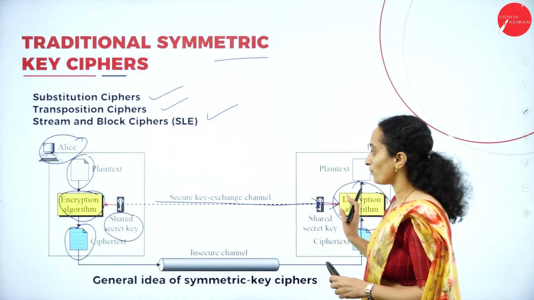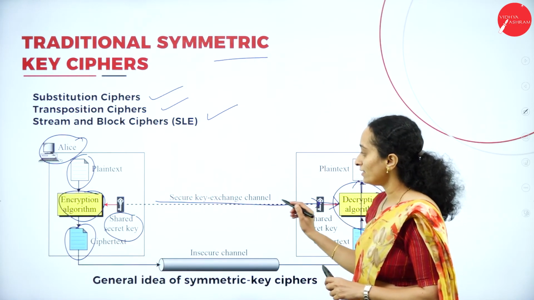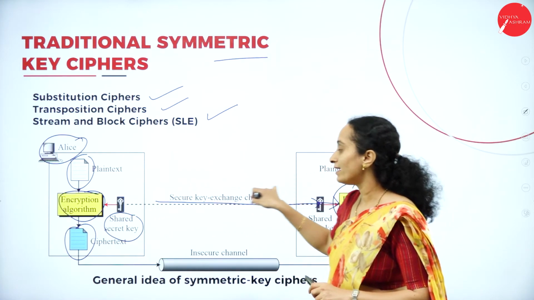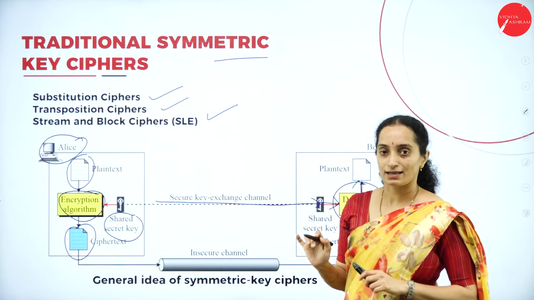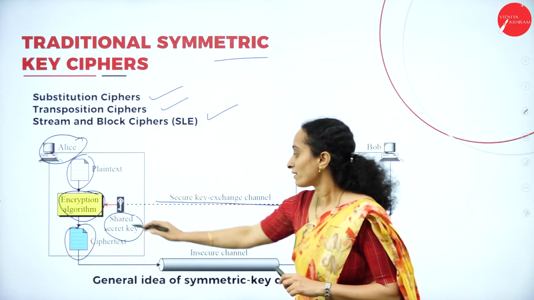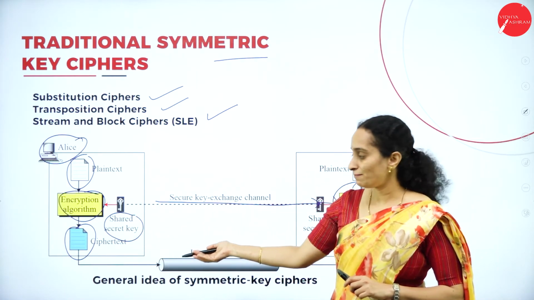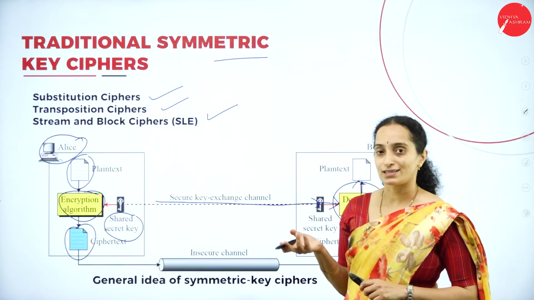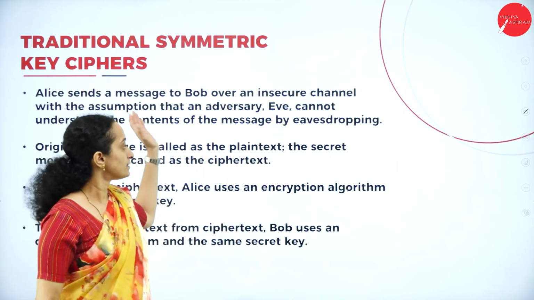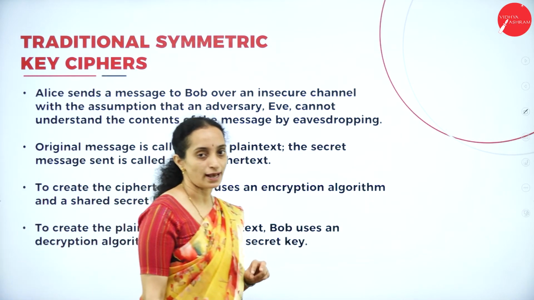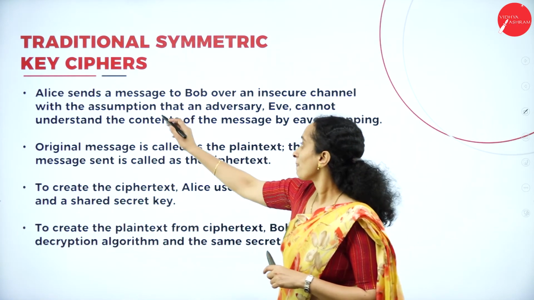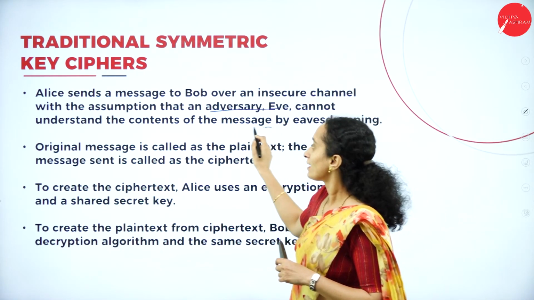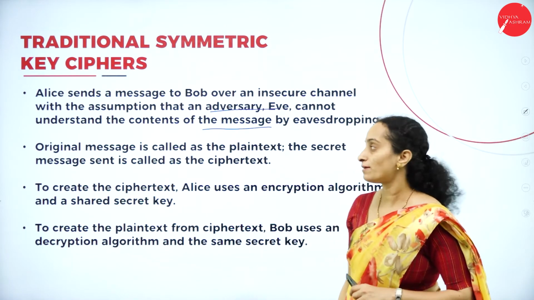For both the sender and the receiver, the same key will be used, where the key will be shared only on the trusted channel, a trusted network path, whereas the cipher text can be transported over an insecure channel. Alice sends the message on the insecure channel, with the assumption that an attacker or adversary cannot understand the contents of the message.